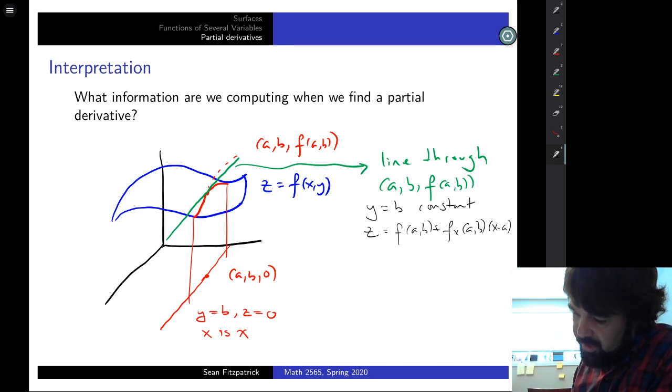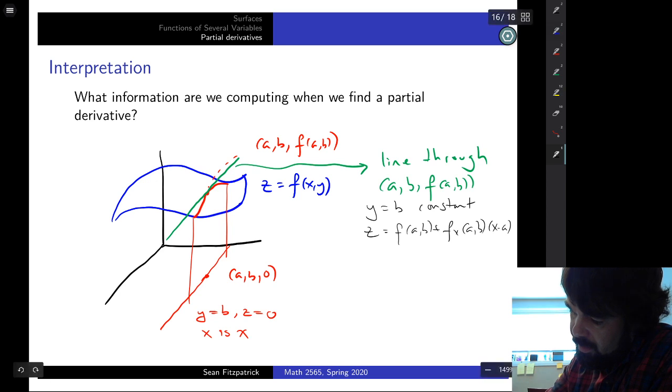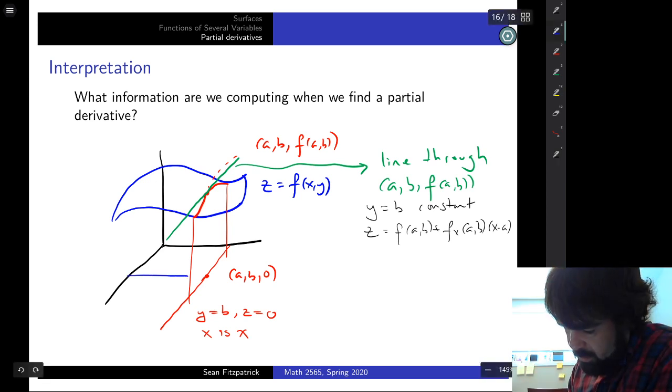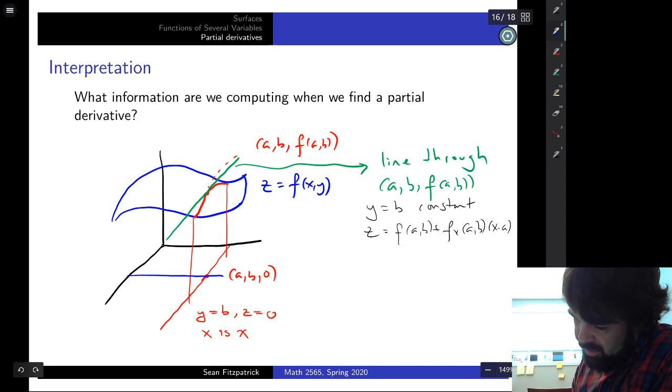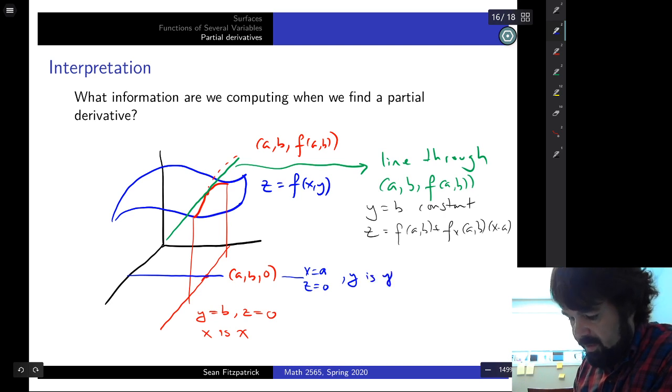And then you could similarly go this way. We could consider this line here, and this would be the line where x is equal to a, z is equal to 0, and y is allowed to vary.